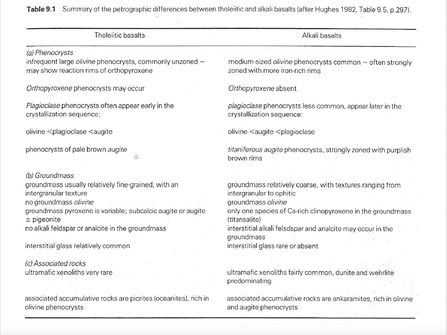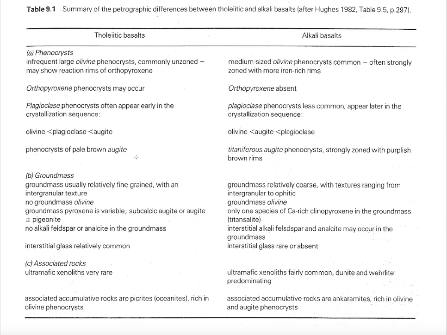In the alkali basalts, we have interstitial alkali feldspar, and analcite may occur in the groundmass. In the tholeiitic basalts, interstitial glass is relatively common. That is also an effect of the fast cooling rate. In the alkali basalt, interstitial glass is rare or absent.